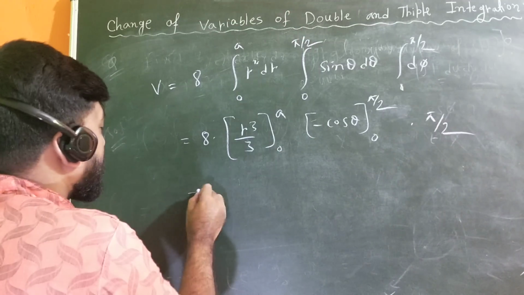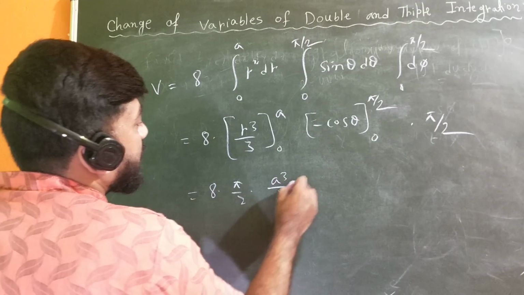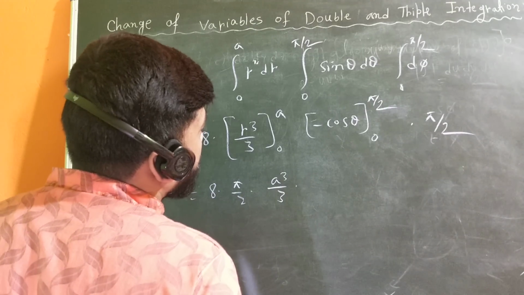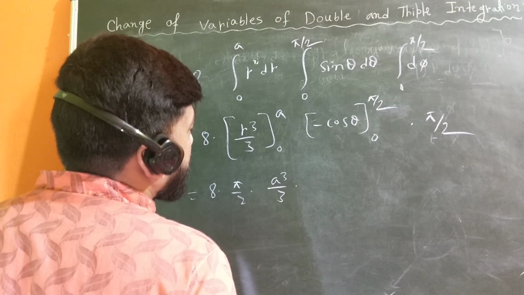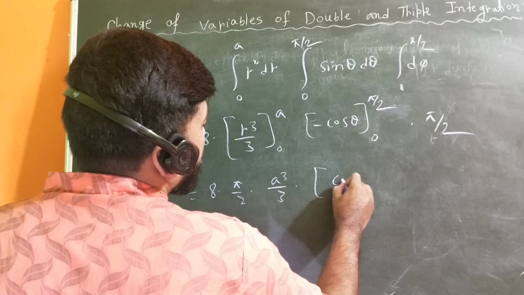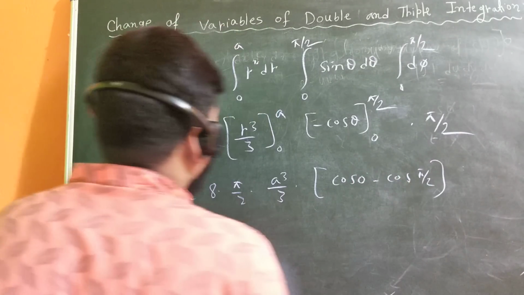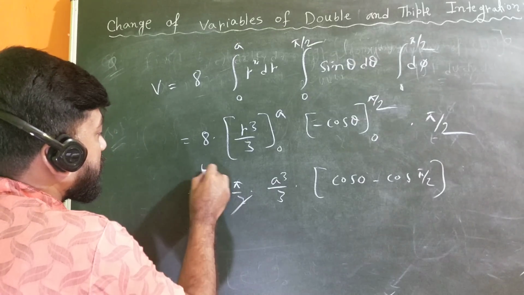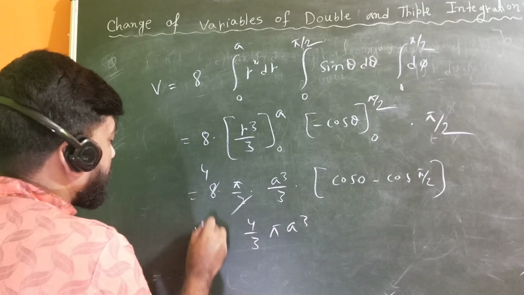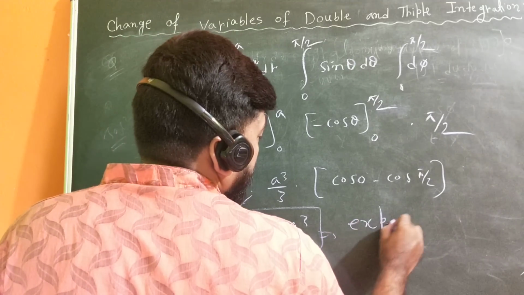So we get 8 into pi by 2, and a cube by 3, and minus cos theta from 0 to pi by 2, which will be 1, because cos 0 minus cos pi by 2, that is cos 90 is 0 and cos 0 is 1. So 8 times pi by 2 is 4 pi, and it will be 4 by 3 pi a cube. So this is the volume of the sphere, as you expected.